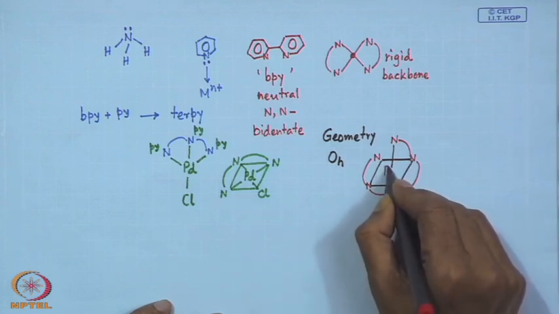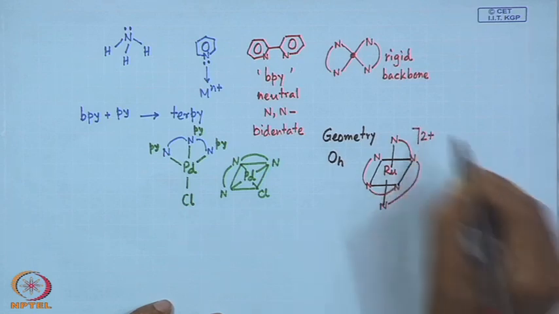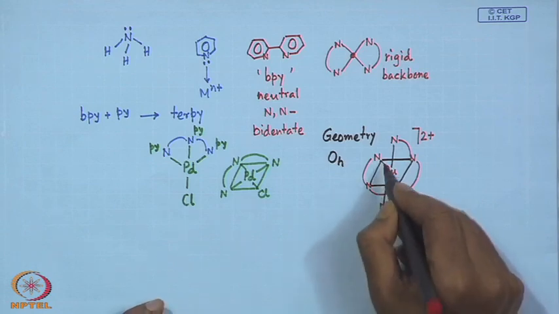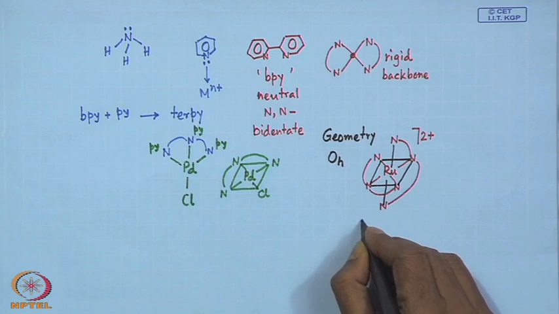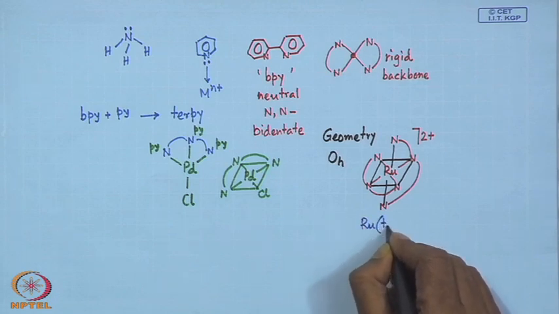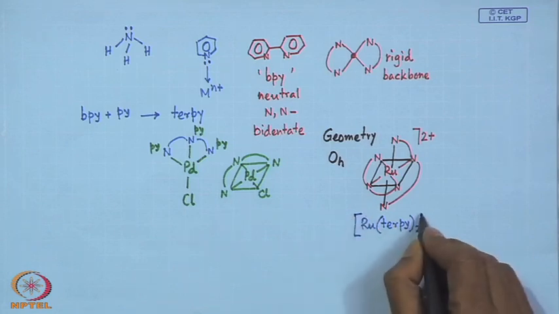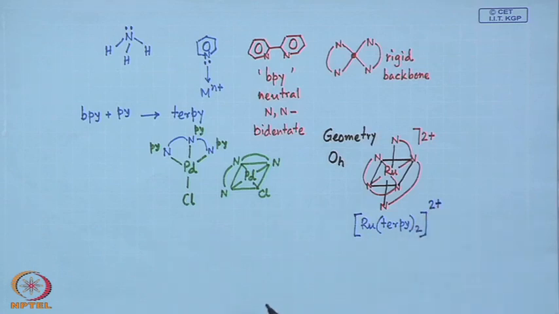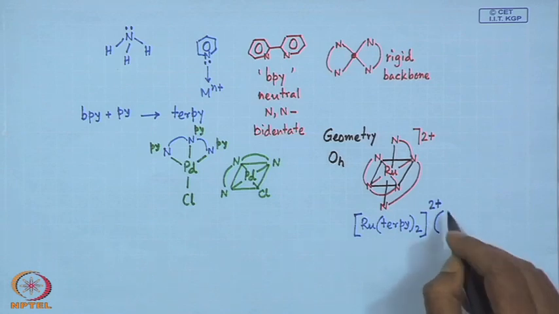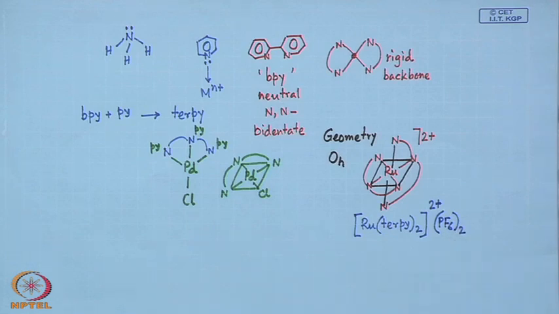And one most important compound is the ruthenium 2+, which can be very easily made with 6 ruthenium-nitrogen bonds, and we can write down this compound when these nitrogens are terpyridyl as ruthenium bis-terpyridyl compound, and if the ruthenium center is in the +2 oxidation state, the corresponding salts can be PF6, perchlorate or anything else.